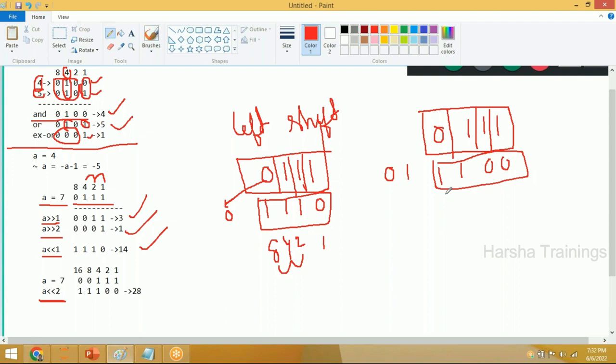Why is it wrong? 1100 means 1, 2, 4, 8: 8 plus 4 equal to 12, but this is not the case. The correct output is 28. So what will happen in this case?